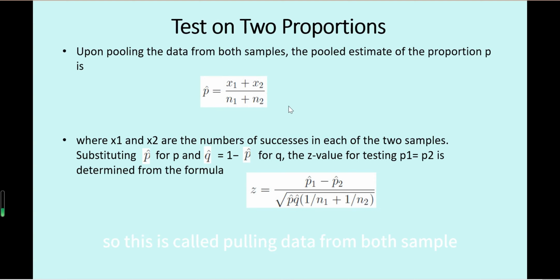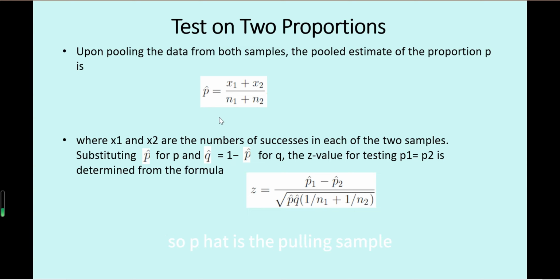So this is called pooling data from both samples for the success rate. Where X1, X2 are the numbers of successes in each of the two samples, and we substitute P hat for P and Q hat for Q, where Q hat is 1 minus P hat.